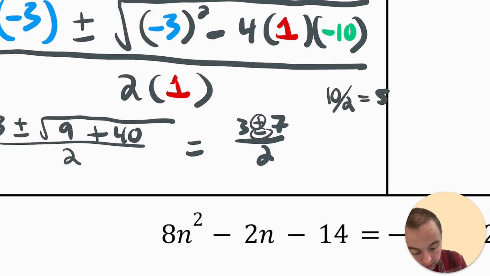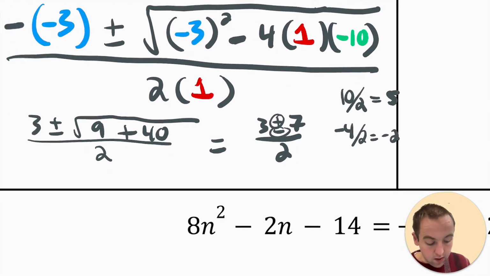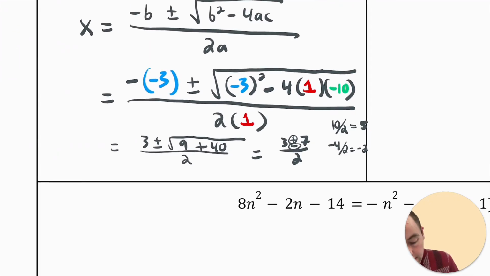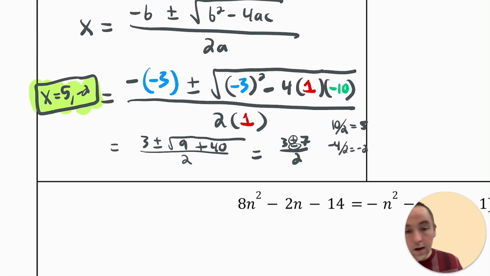And if you did the minus, then 3 minus 7 on top gives you negative 4, which divided by 2 gives you negative 2 as an answer. So I can conclude that x equals either 5 or negative 2 are the solutions for that equation.